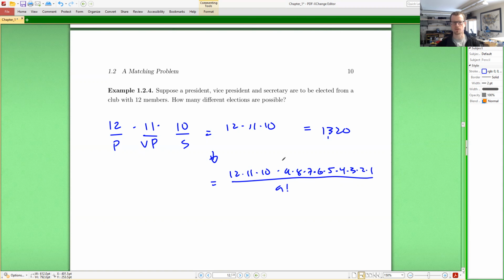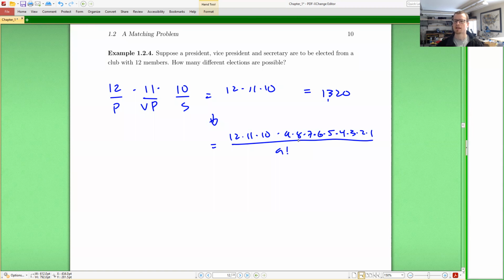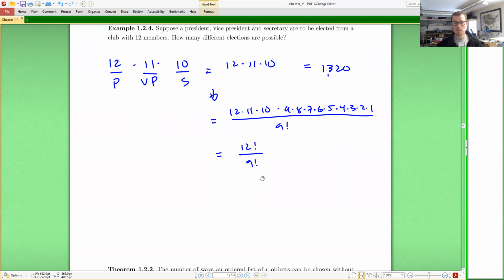This gives us 12 factorial divided by 9 factorial. But we can take it one step further. It's 12 factorial, where 12 is the number of people we have, divided by 12, the number of people we have, minus 3, the number of people we're choosing to order. How many ways can we order 3 of the 12 people? 12 minus 3 factorial in the denominator.